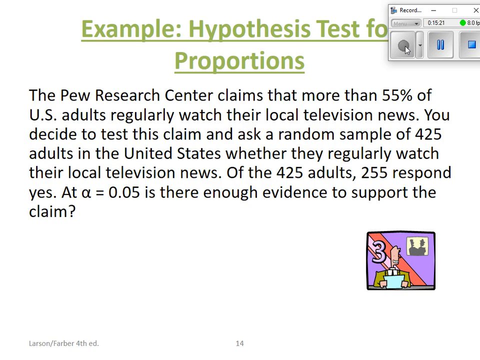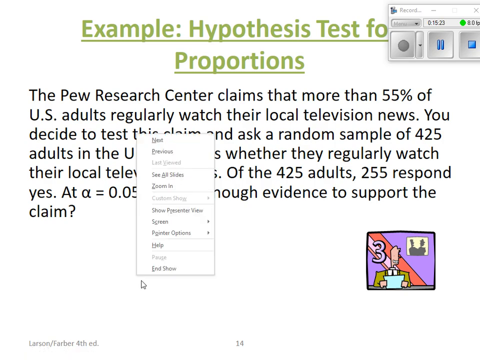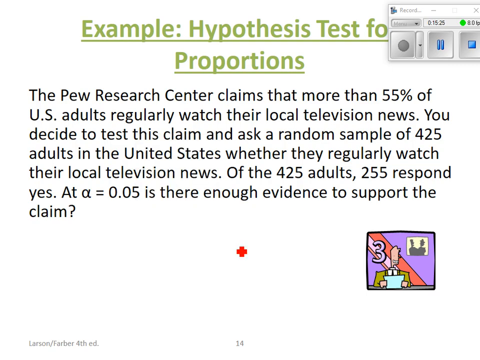First thing we're going to have to do on this problem is find our p hat. Remember, p hat is your favorable over your total. So that's 255 out of 425.